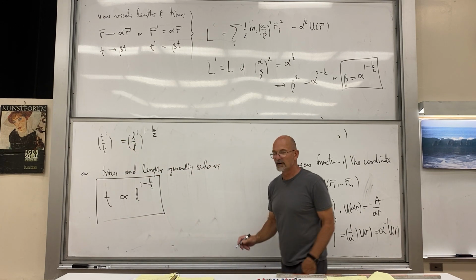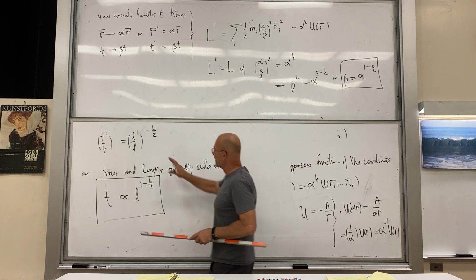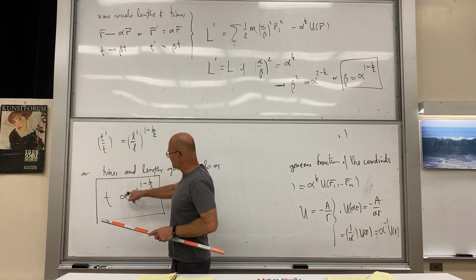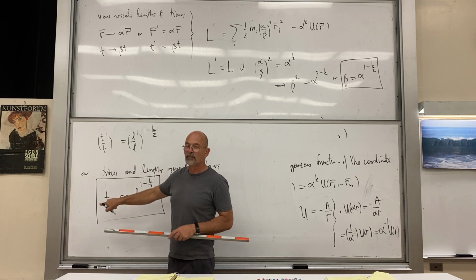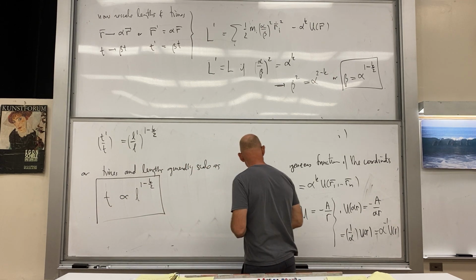Which one is primed and which one is unprimed doesn't matter anymore. But if I get rid of the ratios, I have to say it's proportional, since there's a proportionality constant. And this is the one we're going to work with.